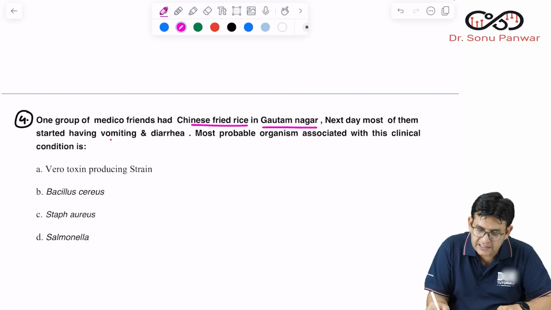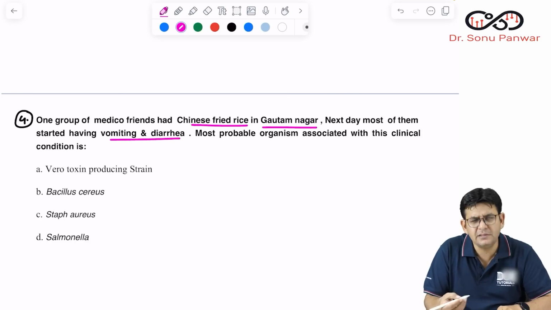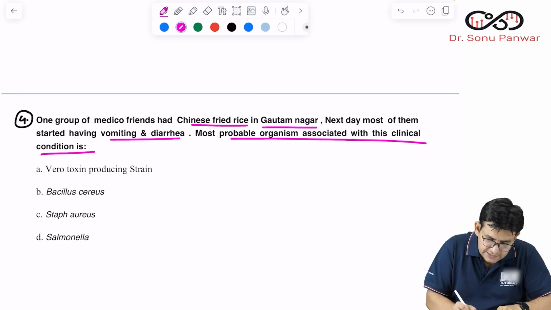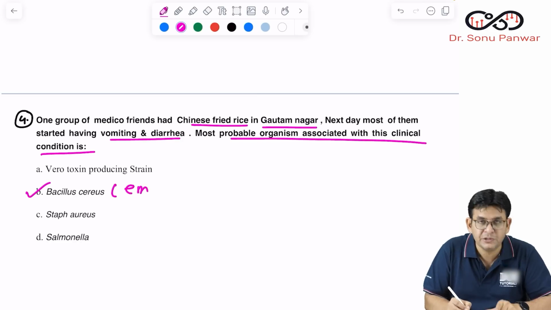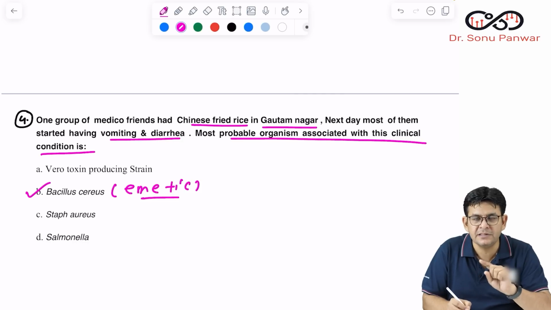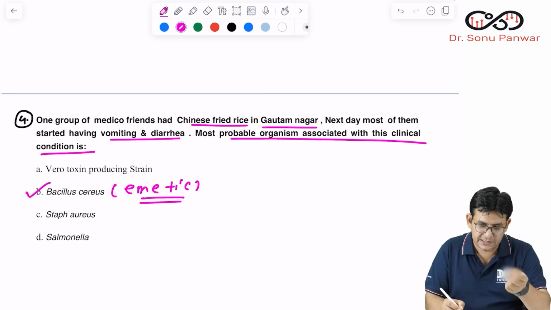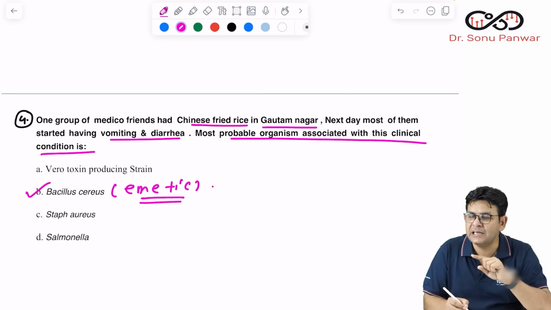The most probable organism associated with this clinical condition, which everybody knows, is Bacillus cereus, emetic strain. Bacillus cereus emetic strain, incubation period how much? 1 to 6 hours. Resembles what? Staph aureus food poisoning. Another one is the diarrheal type, 8 to 16 hours.